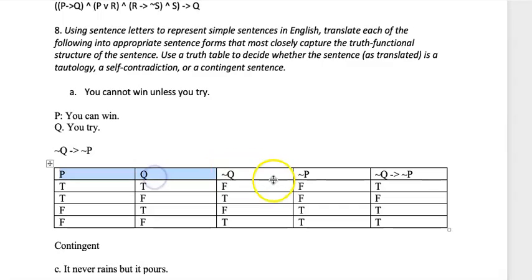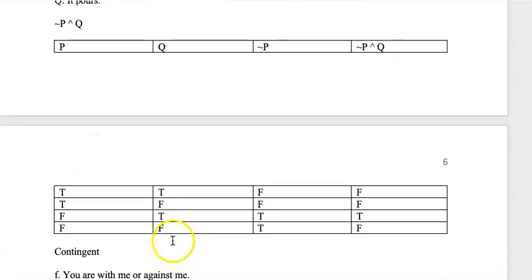Again, we have P and Q. We have to translate not P and not Q to get this final value. And when something is contingent, it just means there are truths and falses in this final column. There are 4 truth possibilities for if not Q, then not P, and it ends up being 3 truths and 1 false. That makes it contingent because there's a mix of truths and falses.